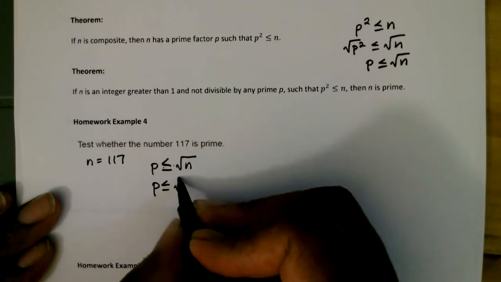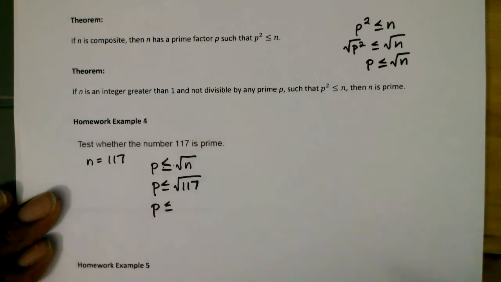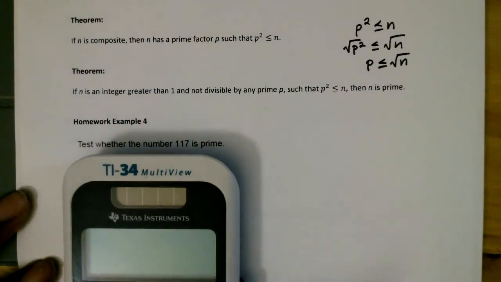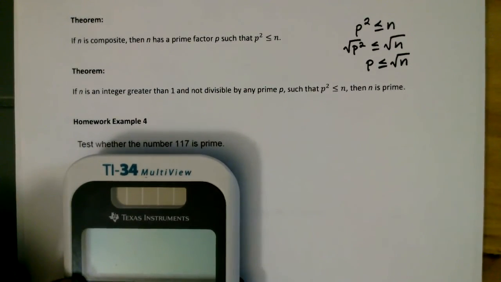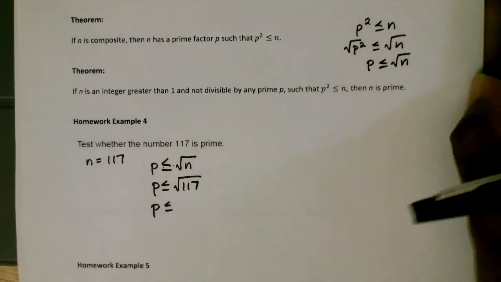Substituting your n with 117, p is less than or equal to the square root of 117. If you take the square root of 117, there's a square root key on this calculator, trust me on that. And then 117. In this case, you're going to get 10.8.